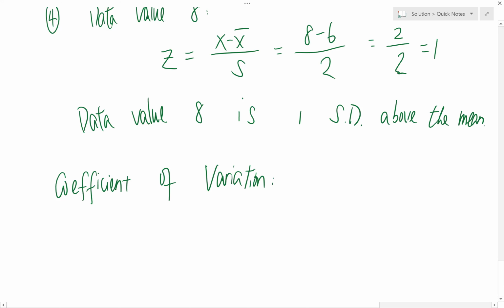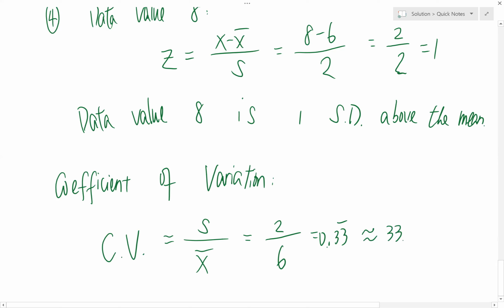We use the abbreviation CV. CV is the sample standard deviation over the sample mean. In this case, our sample standard deviation is 2, mean is 6, right? So this is 1/3, which is 0.3333, approximately 33.3%.